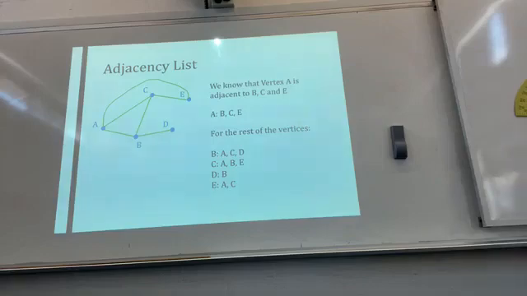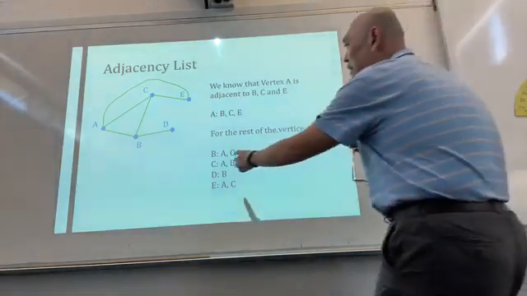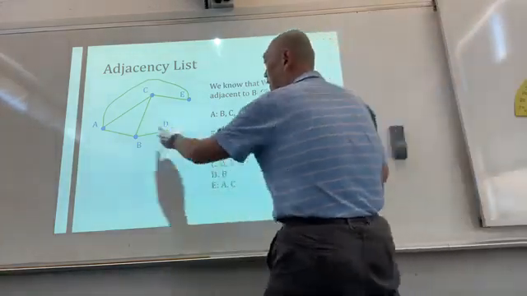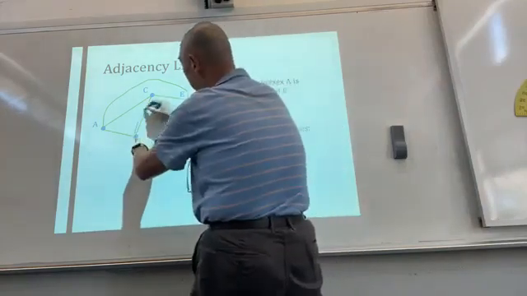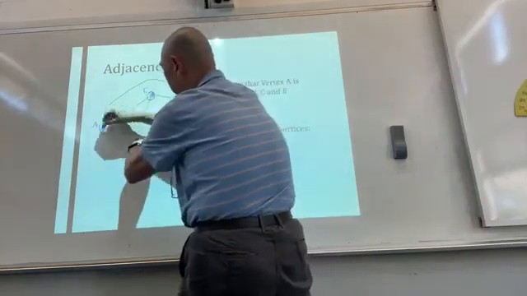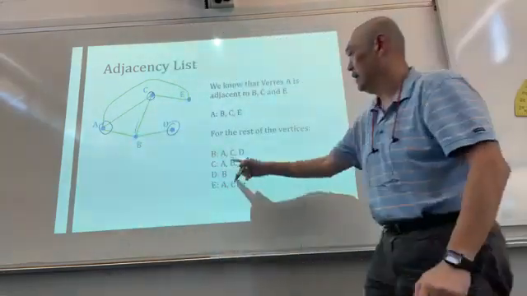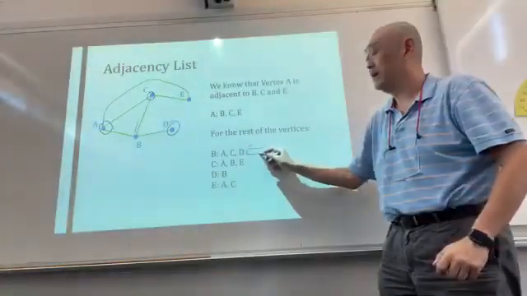Adjacency list. We know that vertex A is adjacent to B, C, and E. So therefore A with a colon, B, C, and E. Now for the rest of the vertices, B is adjacent to A, C, D. You can see that B is adjacent to C, B is adjacent to A, B is adjacent to D. Therefore, that's the list.